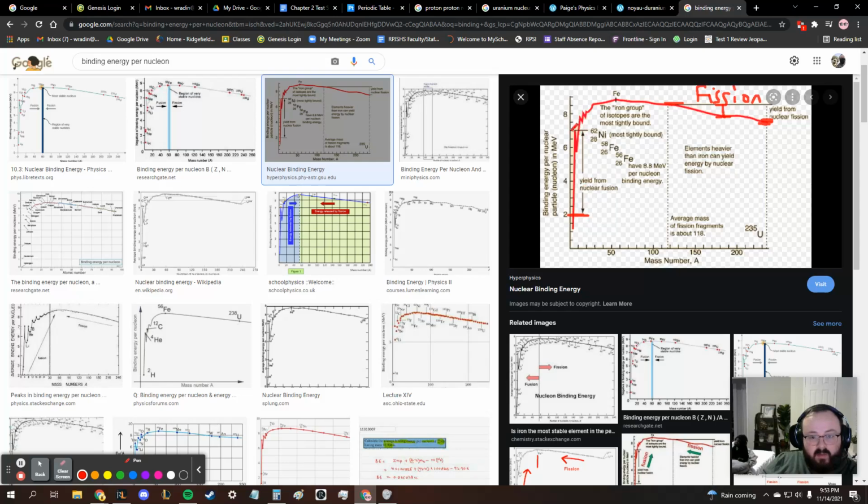Right here, we're at about a mass of 10. We start from here. A mass of 4 is about right here. This amount of energy from nuclear fusion is larger. The amount of energy between the nucleons, that mass defect, is so much, it just jumps up. Because this energy is larger, that is why fusion reactions release a lot more energy.